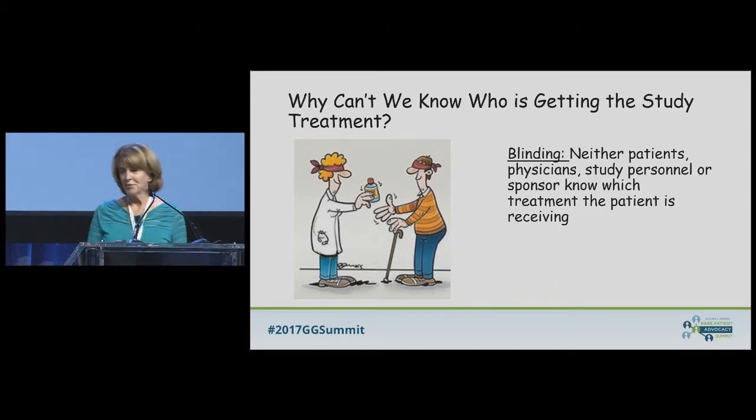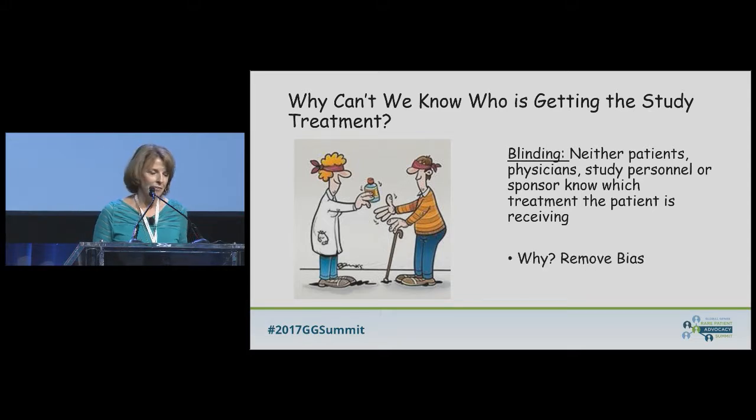And a little bit about blinding. So this is one of the big constraints of clinical trials as well. So as you probably all know, most clinical trials are blinded, and neither the patient or the physician or the family knows which treatment a patient is receiving.